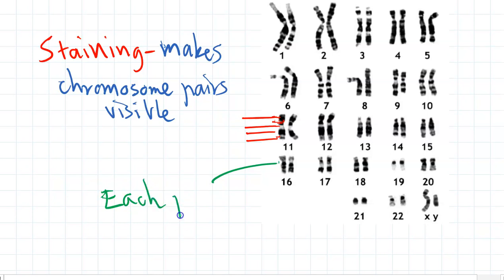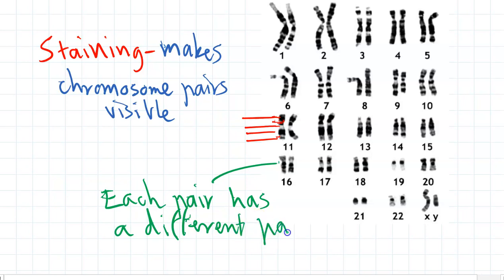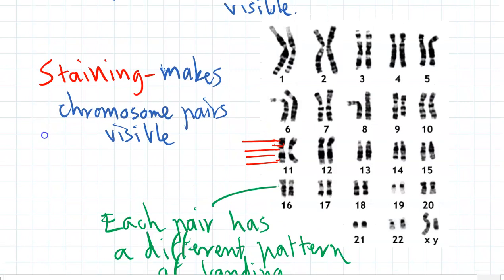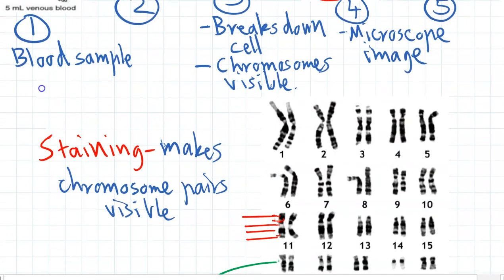So each pair has a characteristic pattern of bands on them. So that is the basic process for how we do karyotyping.